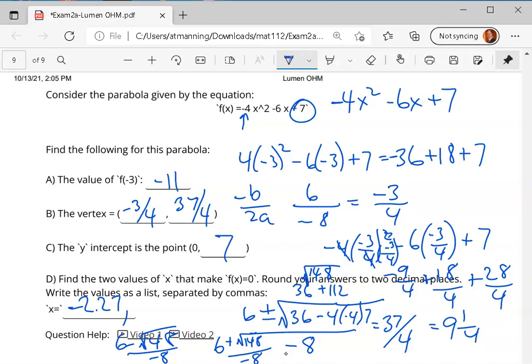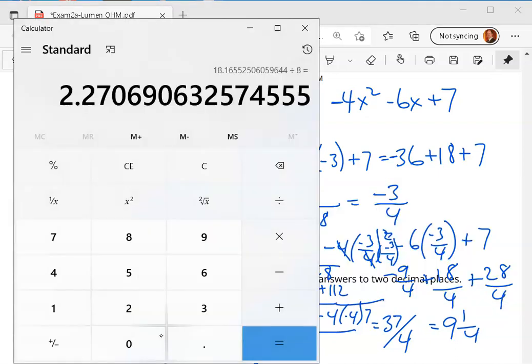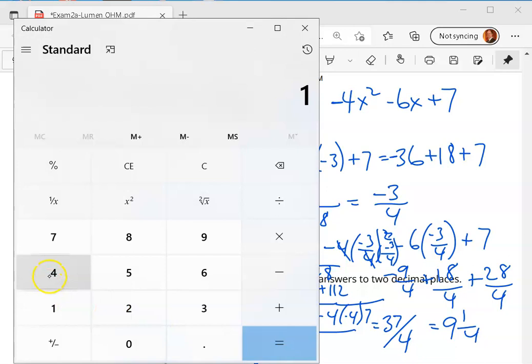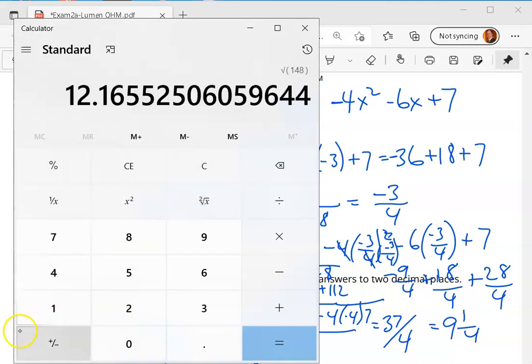And now let's do 6 minus square root of 148 over negative 8. Let's do the square root of 148 first. Negative, right?